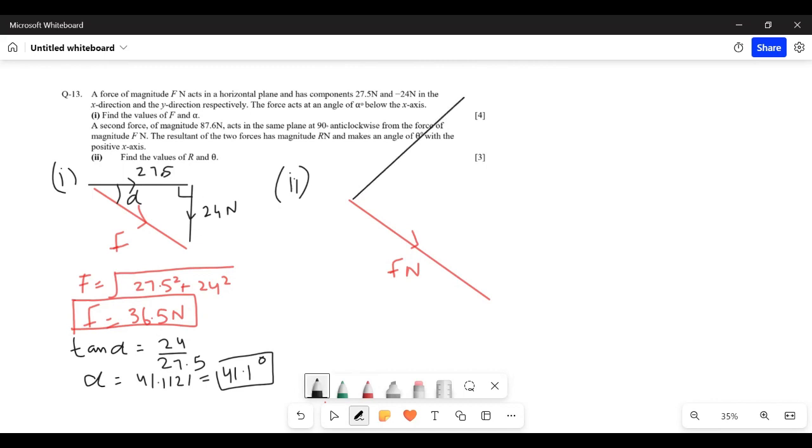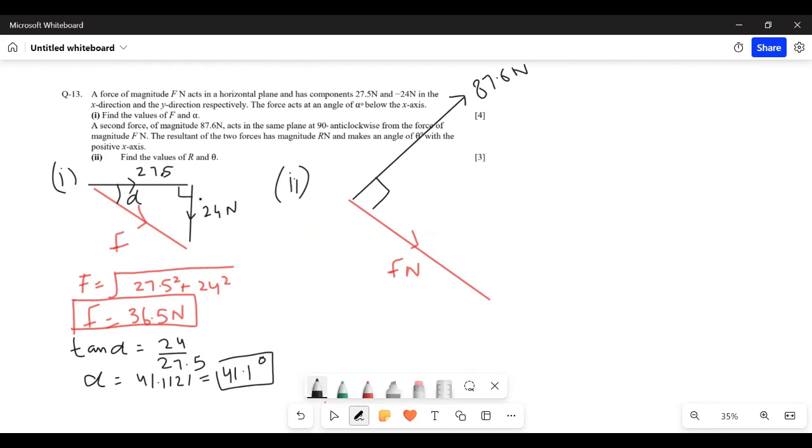So a second force of 87.6 newtons acts in the same plane at 90-degree anti-clockwise. Anti-clockwise is this angle, that's why I've made it above F newtons. From the force of magnitude S Newton, the resultant of the two forces has a magnitude of R Newton and makes an angle of theta degree with a positive x-axis.